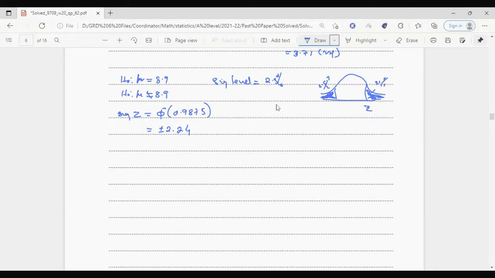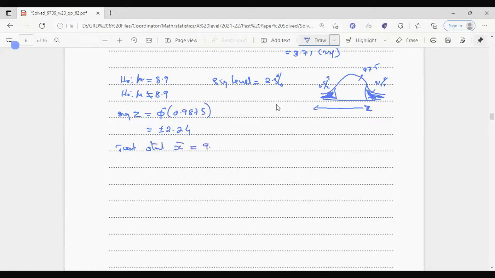Because the z value corresponds to the whole area to the left. So what is in between is 97.5, plus this one, which is 0.9875.